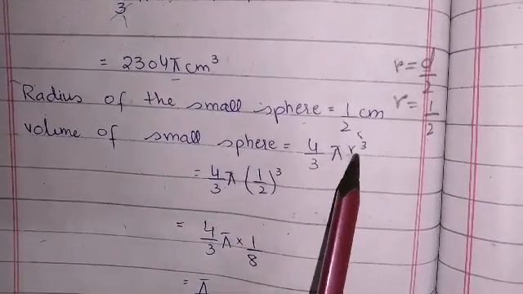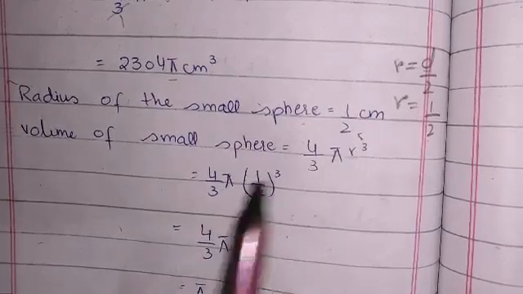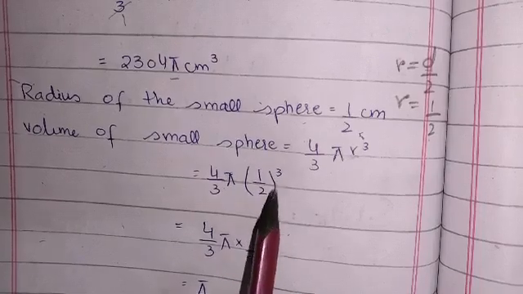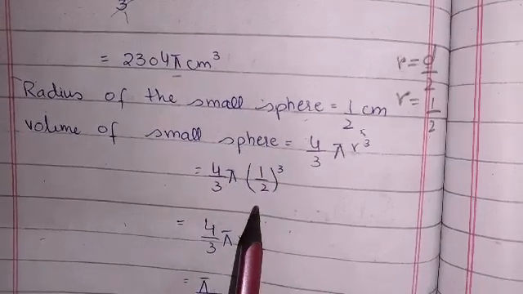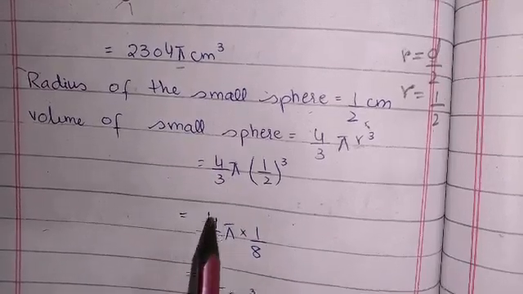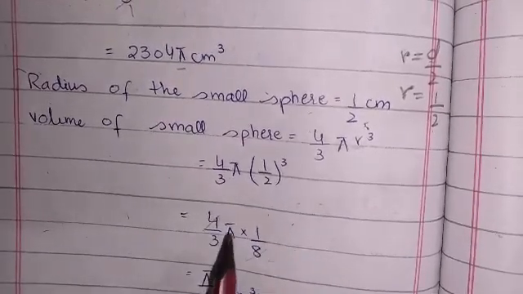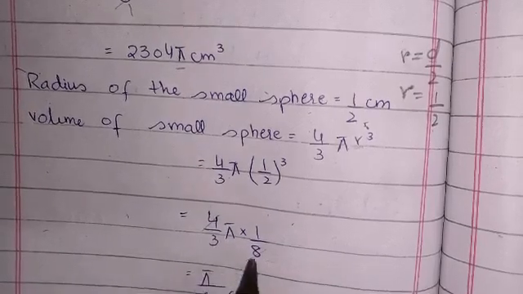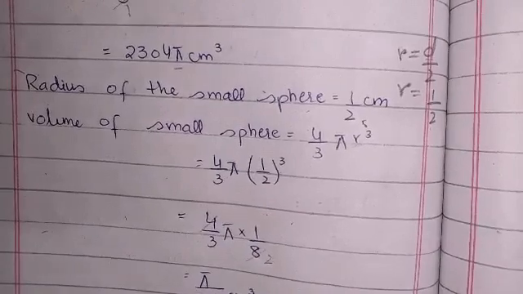In r cube, we will put the value of r, which is 1 by 2. Here 4 over 3 pi into 1 by 2 whole cube. By opening the cube, we have 4 by 3 pi into 1 over 8. 4 ones are 4 and 4 twos are 8. Then we have pi over 6 because 3 twos are 6 centimeter cube.